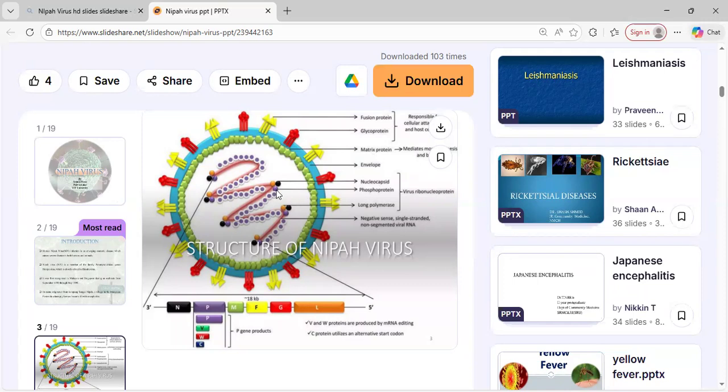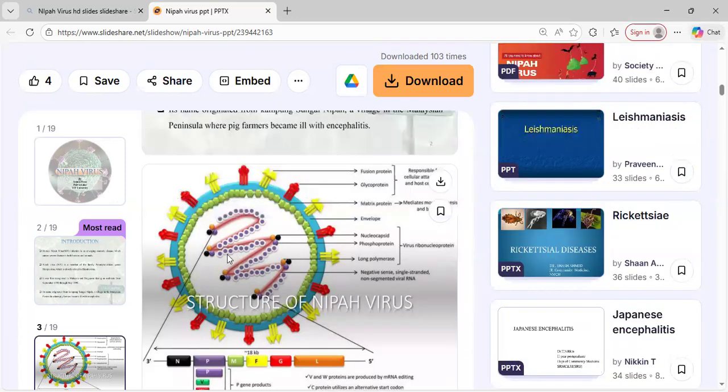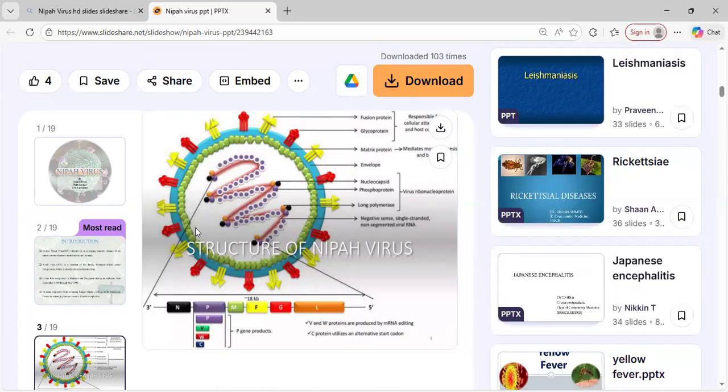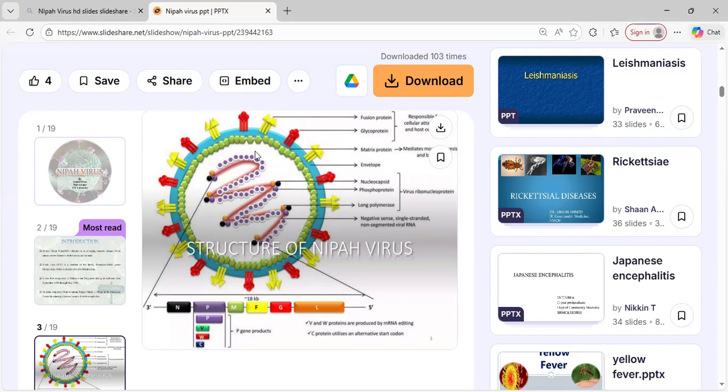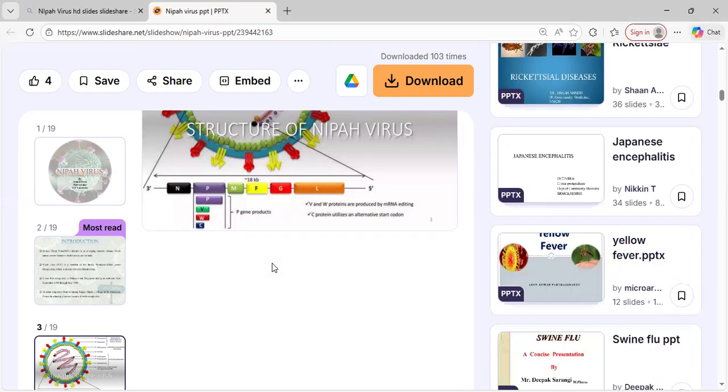This one is the phosphoprotein, and this complete part is called the viral ribonucleoprotein. So this shows the genomic as well as the outer structure of the Nipah virus.